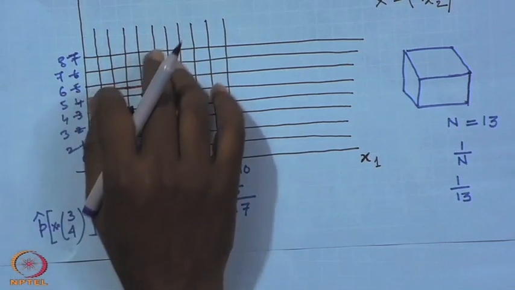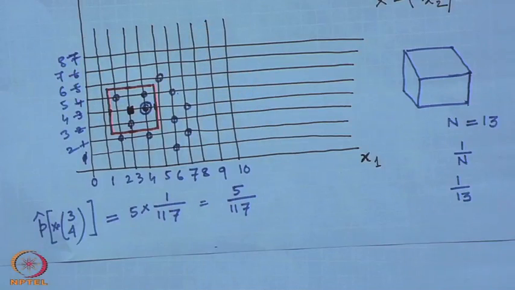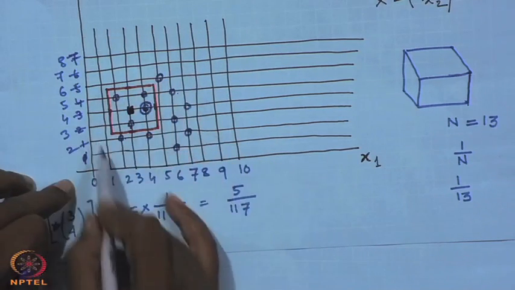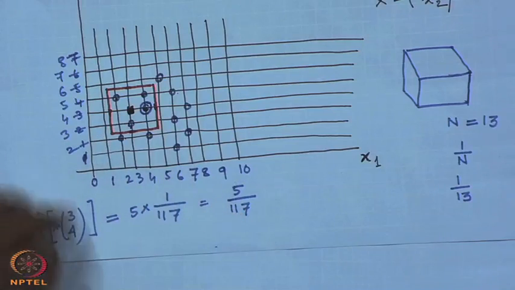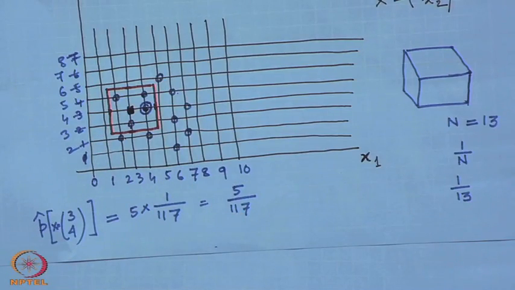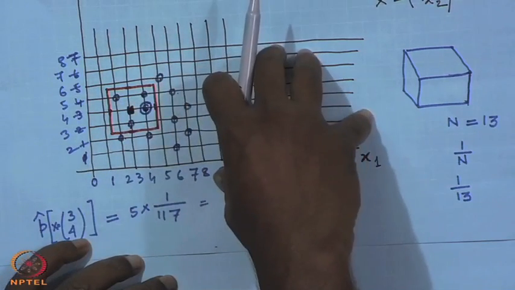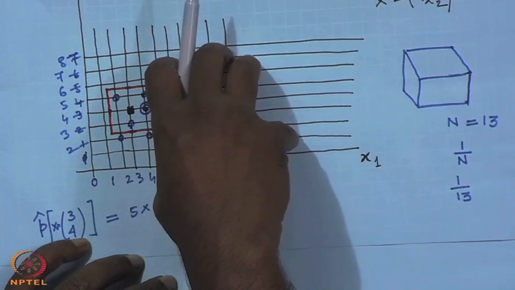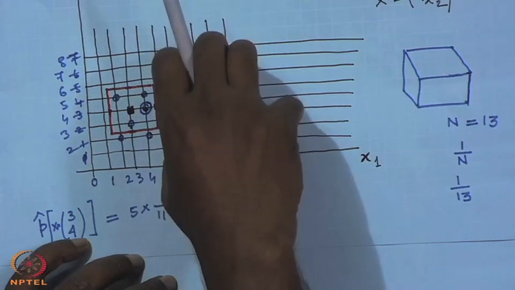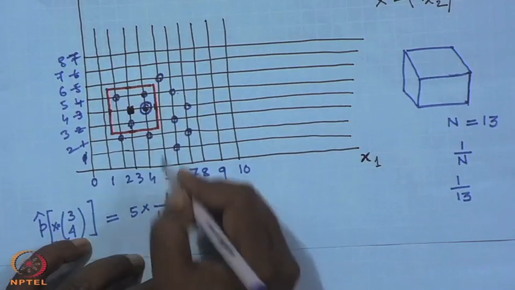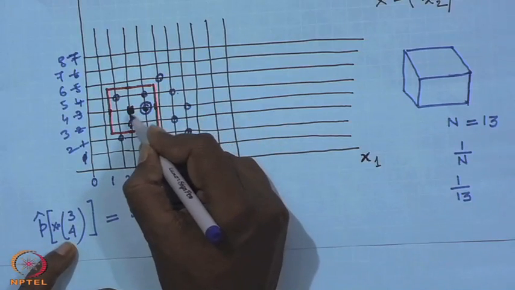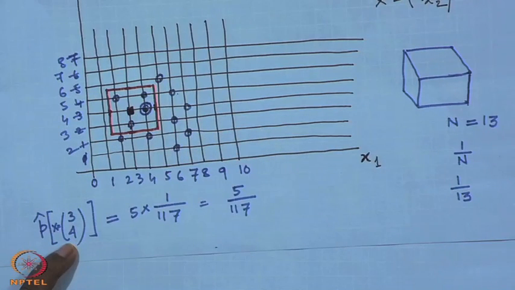Now, obviously, as we have done before, this can be used for classification purposes. Assuming that these are samples coming from class omega 1, and I have another set of samples coming from class omega 2, and I want to classify an unknown data point, say at location 3, 4.